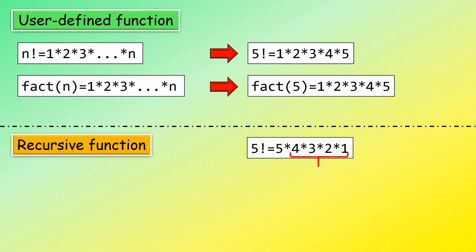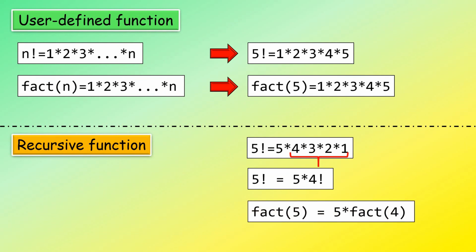So I can write this step as 5 factorial is equal to 5 into 4 factorial, which means fact of 5, that is, if you want to calculate the factorial of 5 is equal to, you have to calculate 5 into factorial of 4, fact of 4. So fact of 5 is equal to 5 into fact of 4.